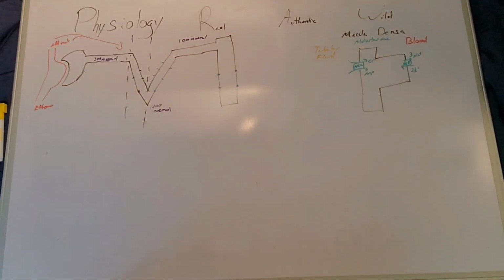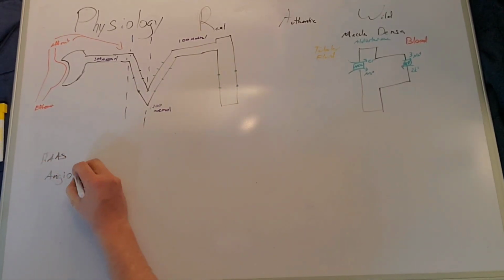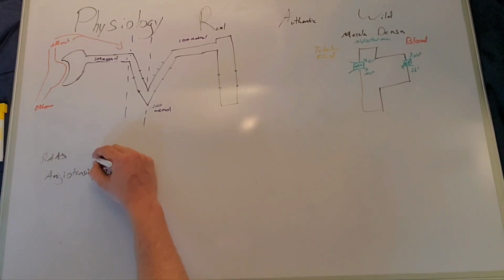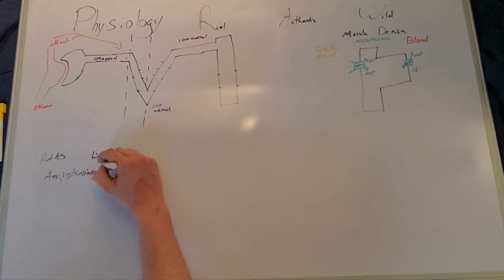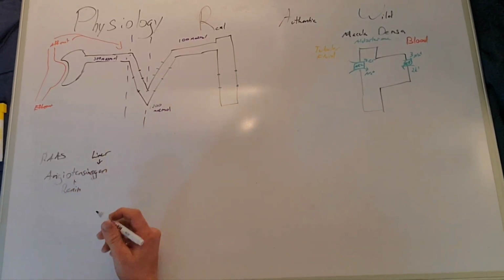The second part is explain the renin, angiotensin, and aldosterone system. So this is part of the RAS system. RAS starts with angiotensinogen, which is a plasma protein produced by the liver, plus renin.